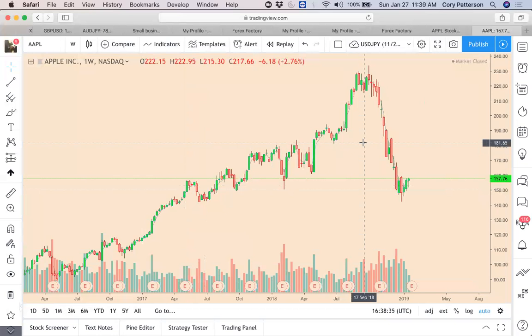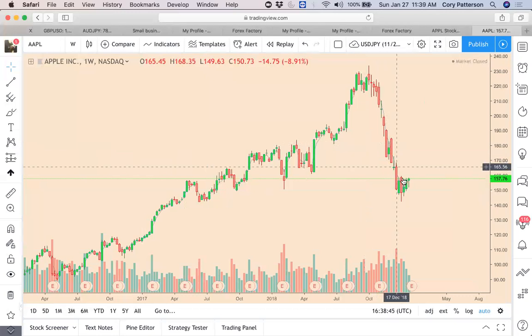This level of rejection got broken. This level of support was broken through when it came back down from this point. Those are the most highly probable areas of accuracy when you're looking to get into the trade.